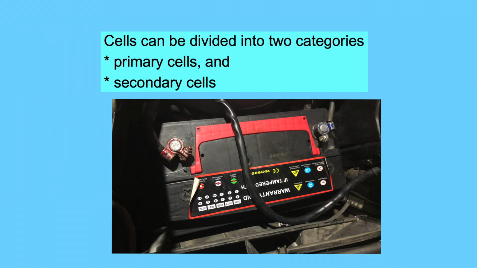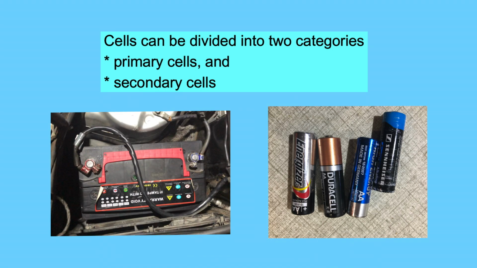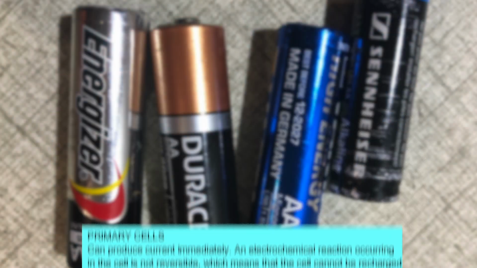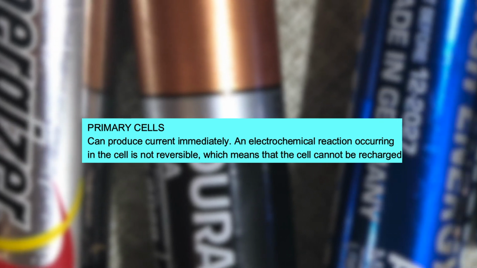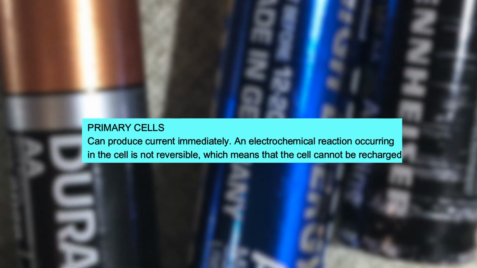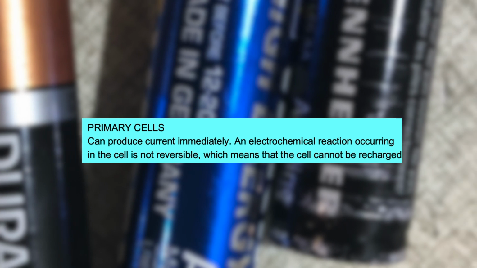Cells can be divided into two categories: primary cell and secondary cell. Primary cells. Primary cells can produce current immediately. An electrochemical reaction occurring in the cell is not reversible, which means that the cell cannot be recharged.